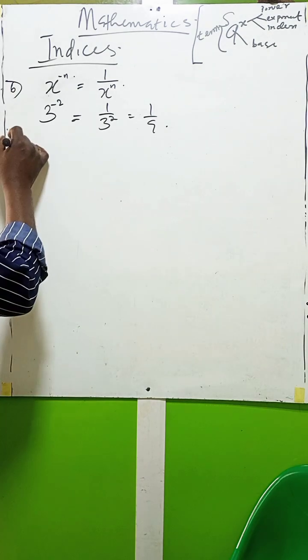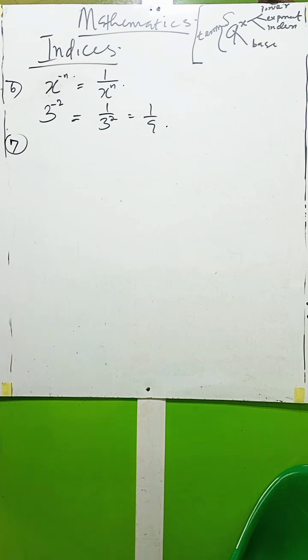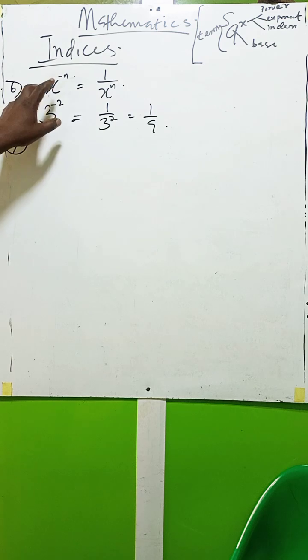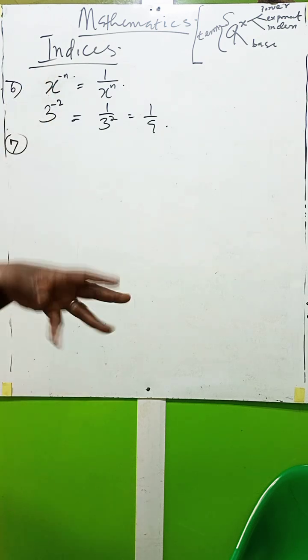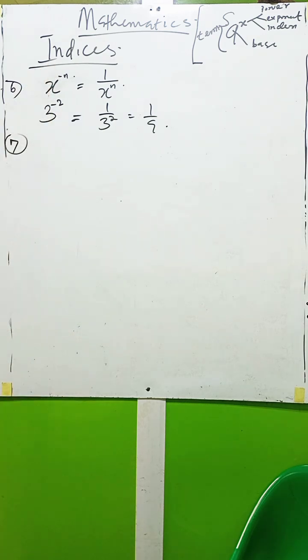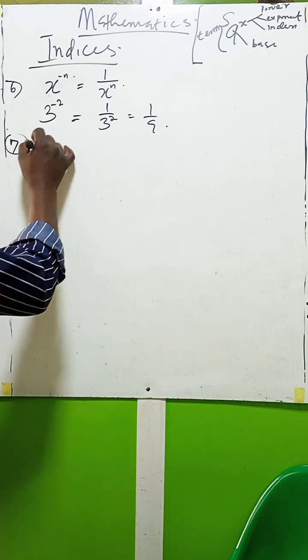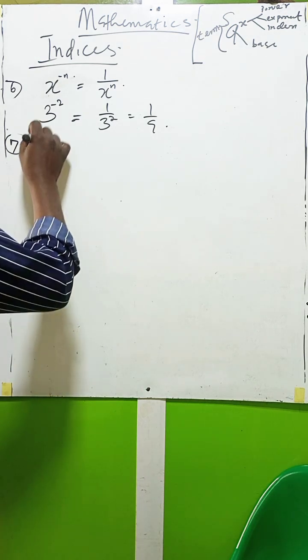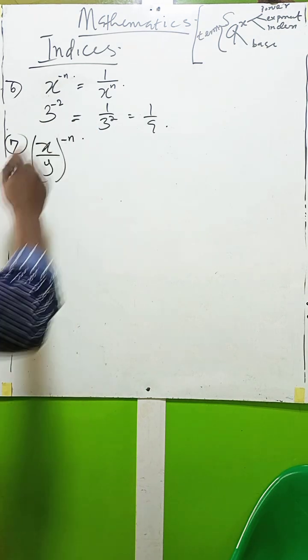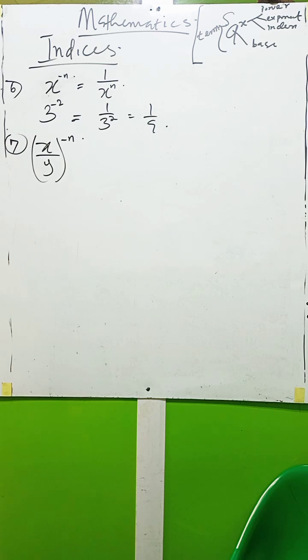Now, rule number 7. This rule number 7 has a similar pattern to rule number 6. For instance, what if the term is a fraction and it is carrying a negative power with a bracket? For instance, x over y raised to power minus n.